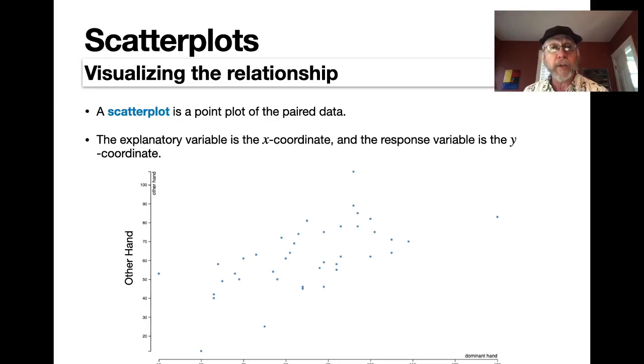For each individual, the explanatory variable provides the x coordinate and the response variable provides the y coordinate. And so by looking at the x and y coordinates of each dot in the scatter plot, you could see the values of the explanatory and response variables. So you can just read the graph essentially. If you read it very carefully, you could reconstruct the data values from the graph alone.